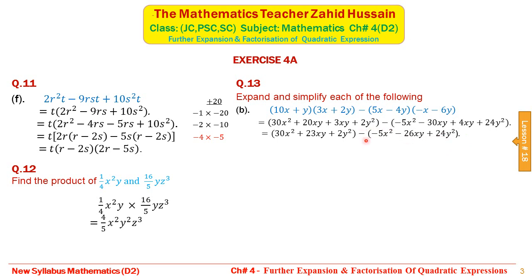Now we will remove this bracket, and because there is negative sign before this bracket, we will change the signs of each term. It is 30x square plus 23xy plus 2y square plus 5x square plus 26xy minus 24y square.